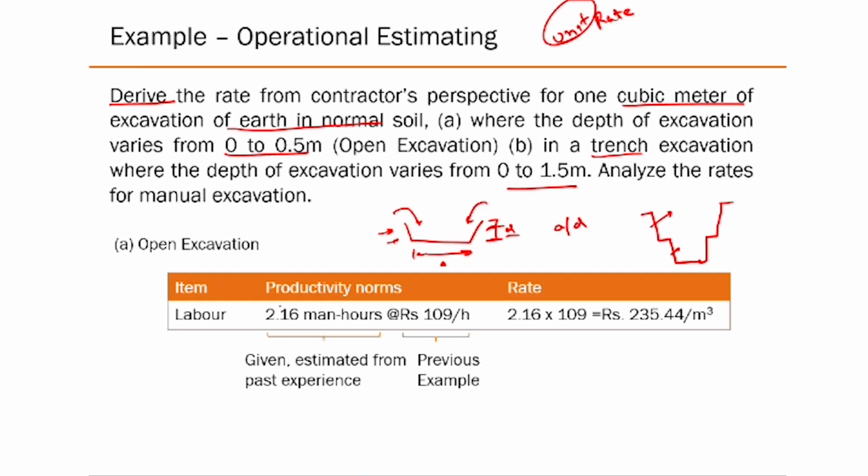This kind of estimate you can typically find from your finance team, because they have been collecting this data from past jobs. On average, they will be able to tell you that per cubic meter you need 2.16 man hours, and that 1 man hour cost you have already estimated as 109 rupees in the previous example. So your total cost comes out to be 235 rupees per cubic meter. Right? Got an idea?